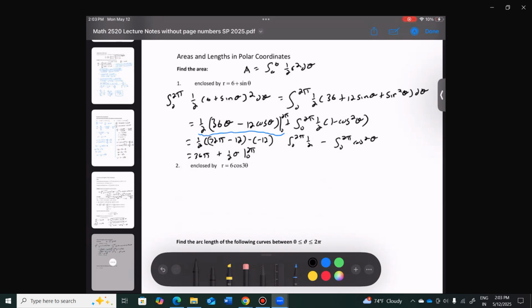And then this part here, from integration by parts, would be 1/4 theta minus sine of 2x over 2, which is 0 to 2 pi.